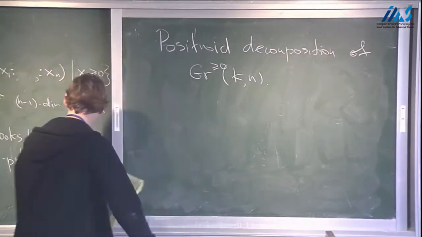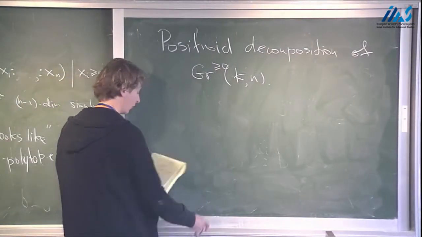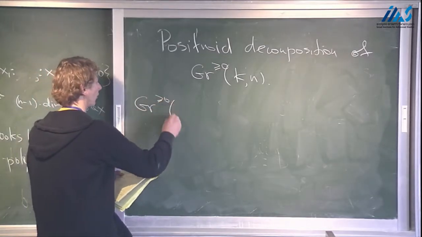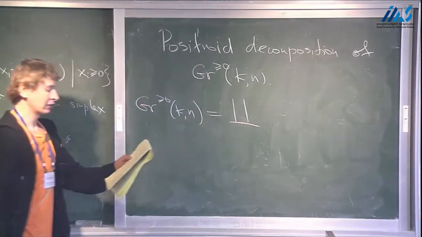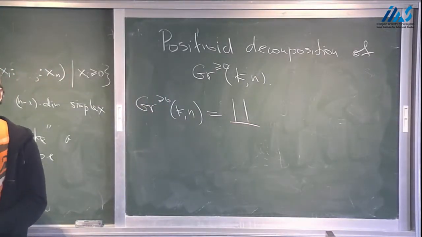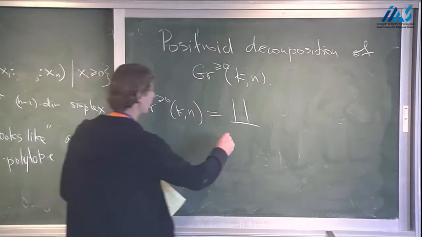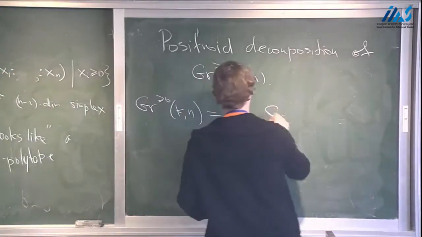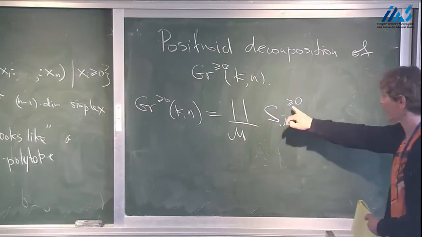Okay, and this decomposition is basically just, so let me define it. It's just the intersection of the matroid subdivision with the positive Grassmannian. So the cells are labeled by matroids M. Let me denote these cells S_M greater than or equal to 0.